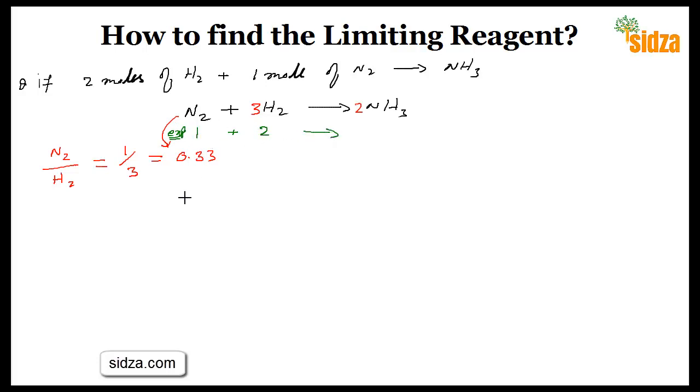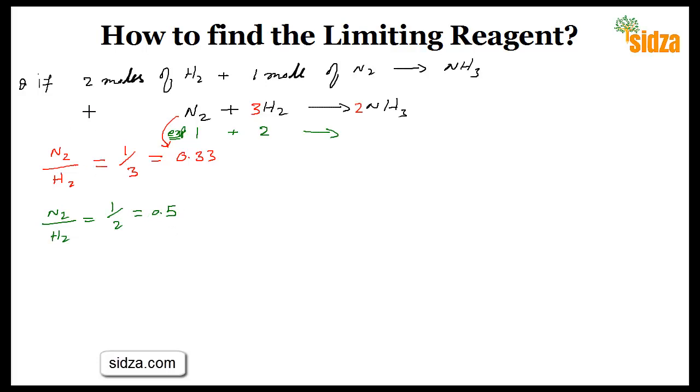We have to find which is the limiting reagent in this case. So again, I will look at the experimental ratio of the reactants. Nitrogen by hydrogen. As per the experiment, as per the question, it is 1/2, which is 0.5.